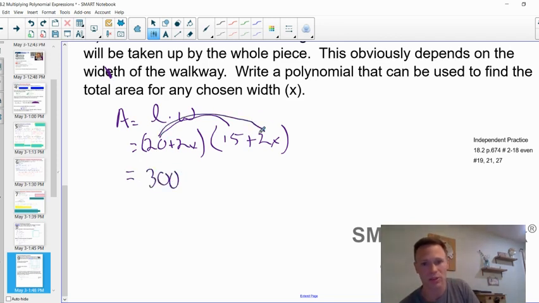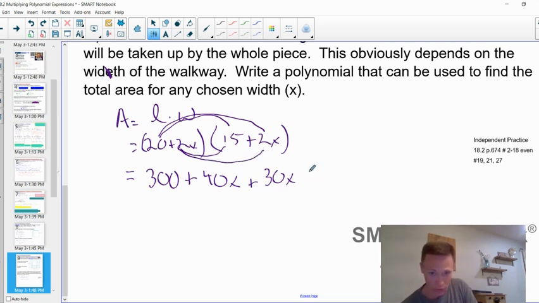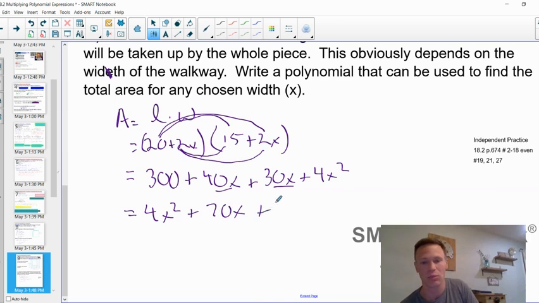And then 20 times 2x, that's going to give me 40x. Inside here, I have 2x times 15. That's going to give me 30x. And then 2x times 2x, that is going to give me 4x squared. Now, cleaning everything up and writing it in standard form, I want that 4x squared out front. Then the 40 plus 30, that's going to give me 70x plus 300.